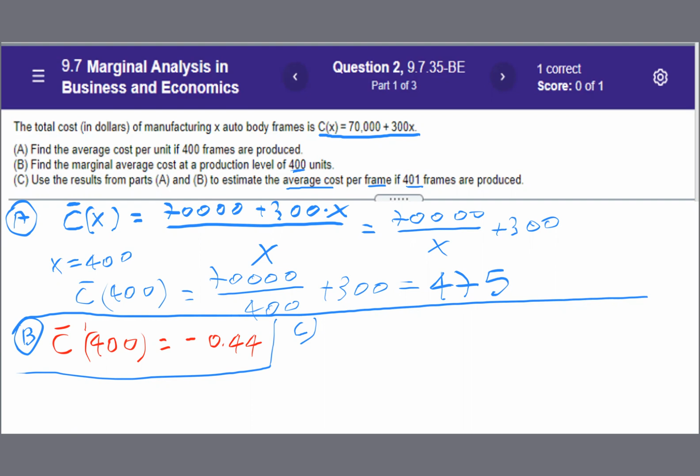So in that being said, the average cost of producing 401 units is actually $475, which is the average cost of producing 400 units, minus 0.44.